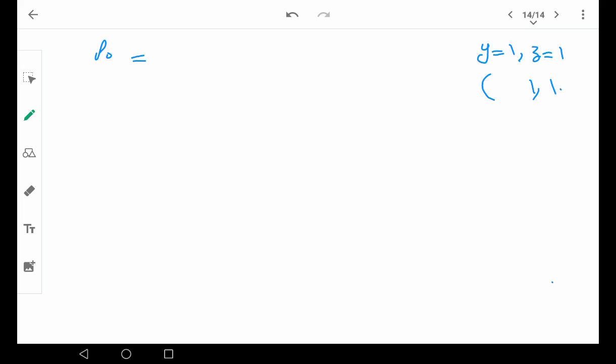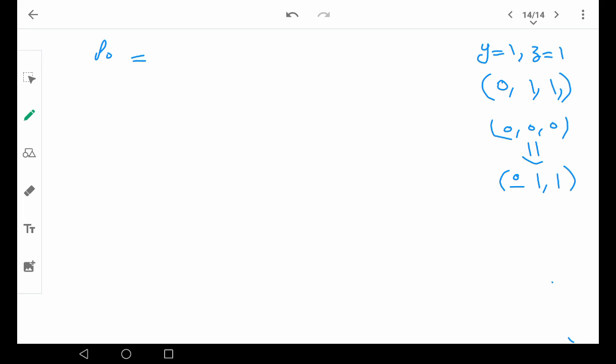So the x coordinate you make the same as the x coordinate of 0, 0, 0, so you make it 0.